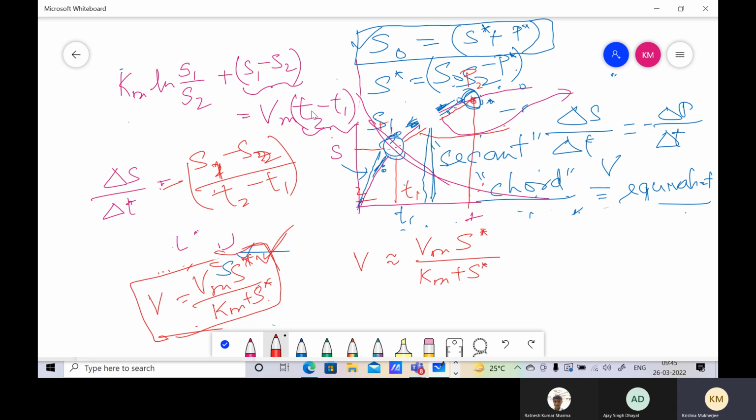Now can you tell me what is S1 minus S2 upon Vm minus Vm, T2 minus T1? Simply divide this whole equation by T2 minus T1, what do you get?